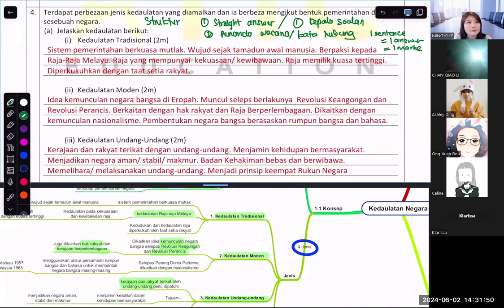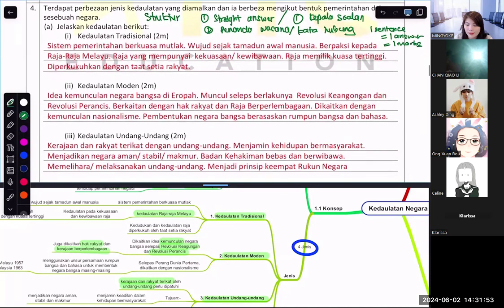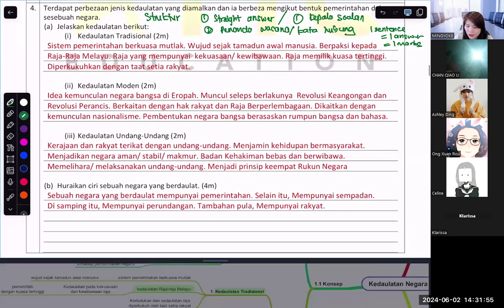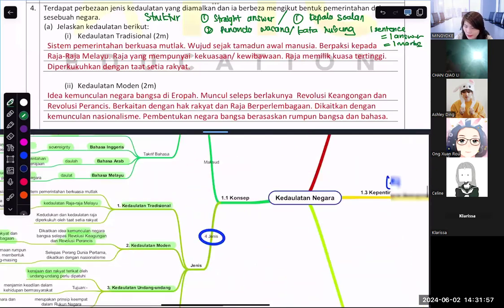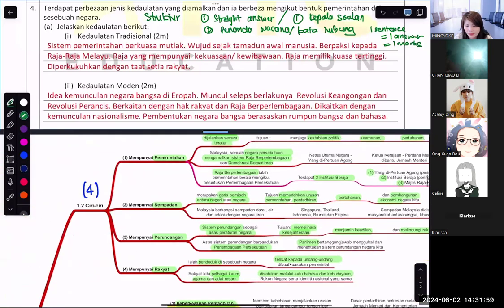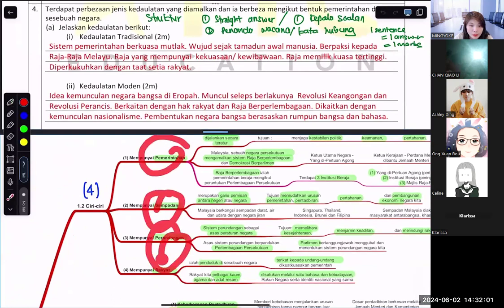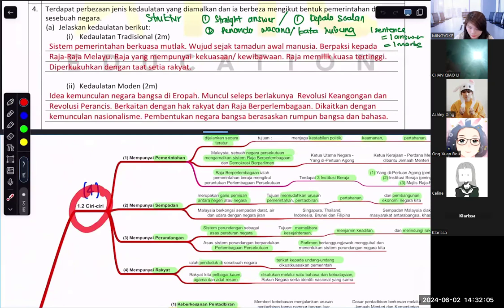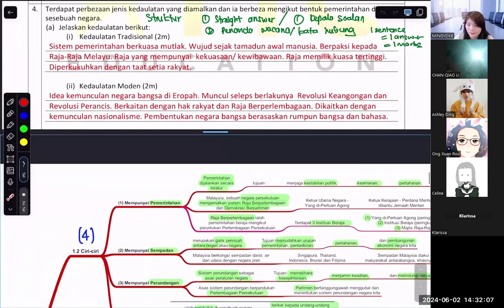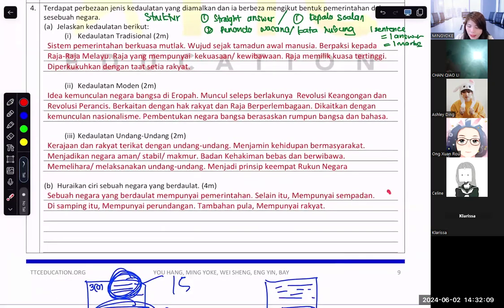Okay. Now, ciri sebuah negara berdaulat is here. How many ciri are there? Mempunyai pemerintahan, sempadan, perundangan, rakyat, right? Guys, very important, you see here, I put selain itu, di samping itu, tambahan pula. You do not put a comma.